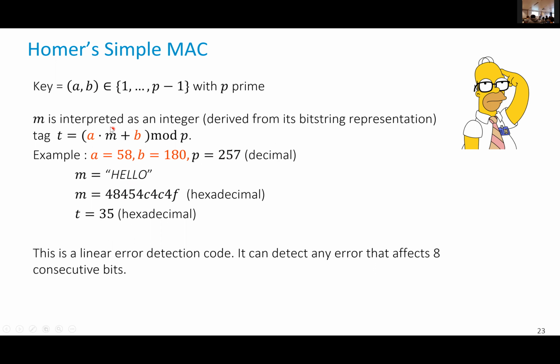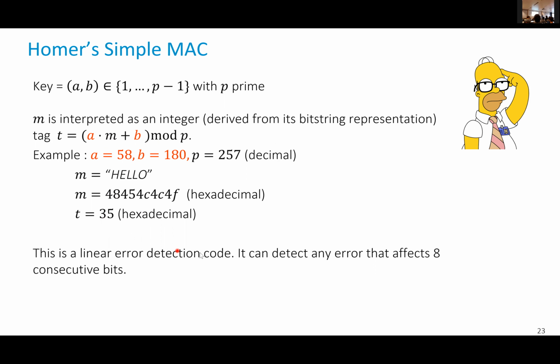I multiply the message, which is now a number modulo 257, by A, a fixed number, 58 here. I add B, and I do modulo P. Because the modulo is a sort of shuffling everything, that gives us a way of doing the tag. For example, if I have this message, I transform it into numbers, I apply this computation, I obtain 35, which is the tag.